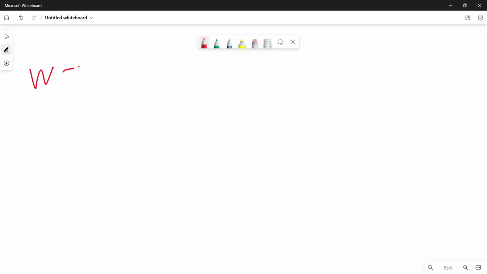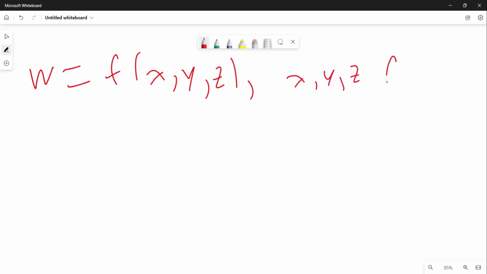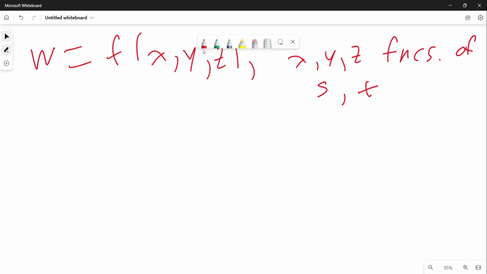What if we had w is a function of x, y, and z, and x, y, z are each functions of s and t? And that last one, I didn't do the dt, I just did the ds. It will be the same process for either.